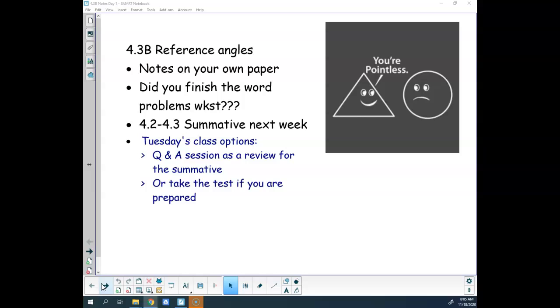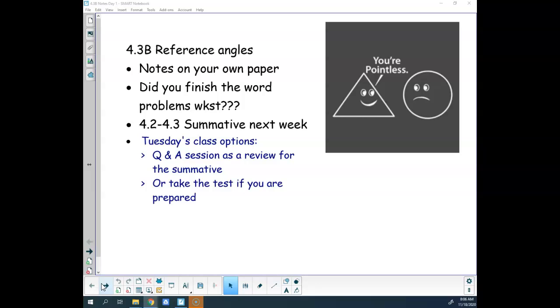If you feel that you're ready to take the test, we can just let you take the test on Tuesday also. It is a longer test. It's 36 questions. They're not very hard questions, but the length of it is because of finding stuff with the unit circle and the trig identities and all that.